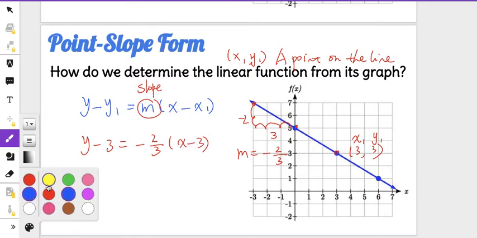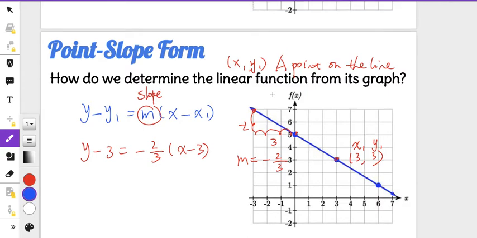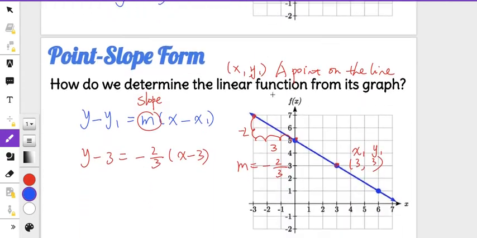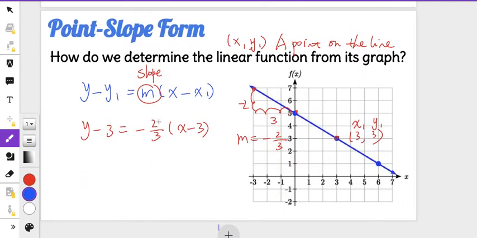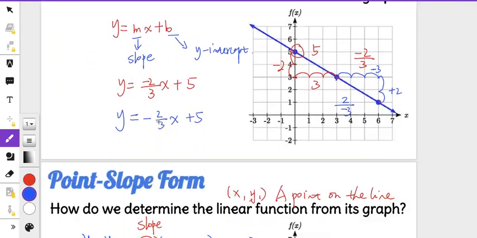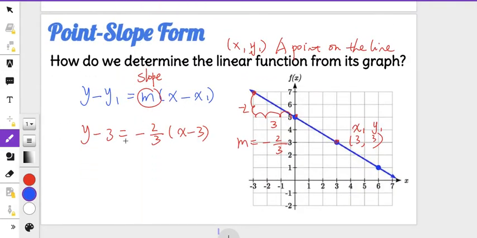Some students might argue, hey, since we talk about the same line, as you can see, this graph is actually the same line, right? How come the point-slope form is so different from the slope-intercept form? So let's quickly check. What if I just convert it? I'm going to distribute the value here. So as you can see, it's negative 2 over 3 x, and then negative 2 over 3 times negative 3.